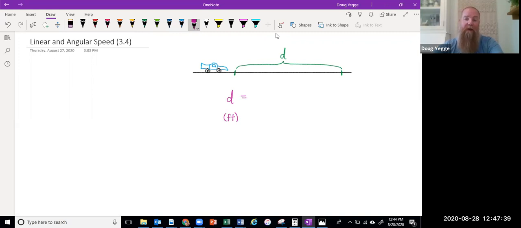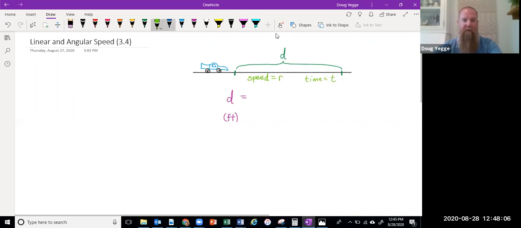And I know as well that the rate at which this is moving is a certain speed. So the speed would be referred to as R, or the rate. And of course, the time that it takes to travel that distance is referred to as time.